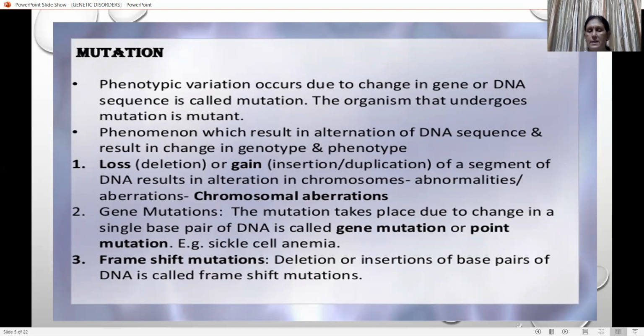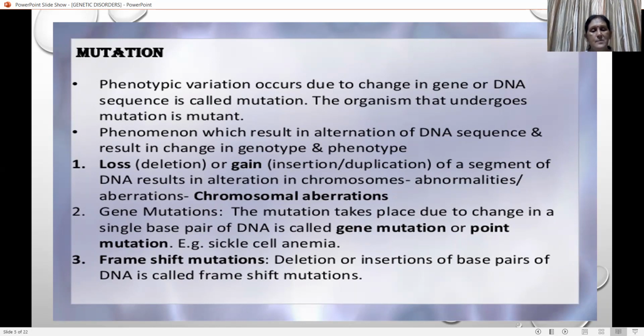The mutation sometimes takes place due to changes in a single base pair. We know that DNA is a double helical structure. It consists of two polynucleotide strands, and G always pairs with C and A always pairs with T. Sometimes in a single pair of DNA, the base sequence may be changed, and it is called point mutation or gene mutation, as found in the genetic disorder sickle cell anemia.